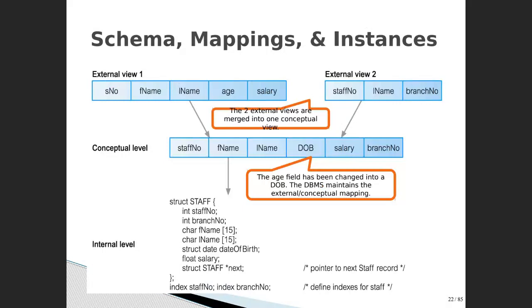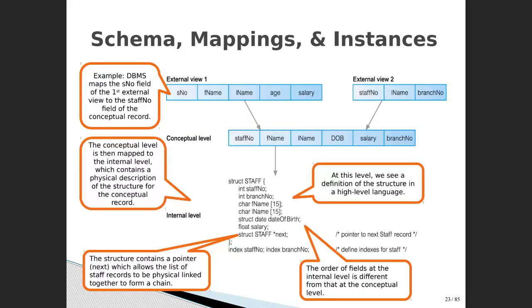This is data map, schema mappings and instances. So the external view will be reflecting the conceptual level, and the same conceptual level will also be mapped with the internal level.